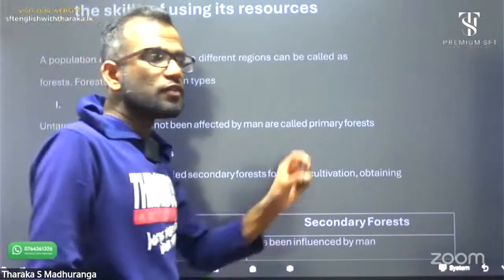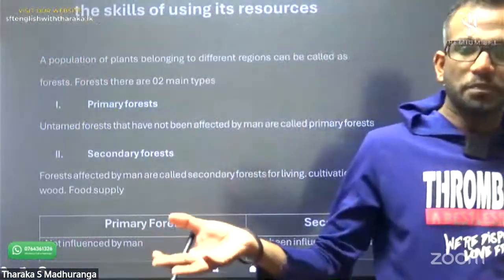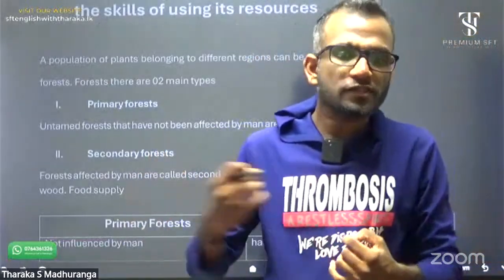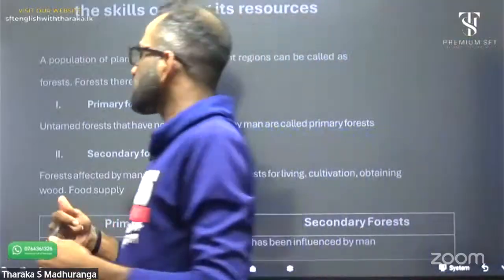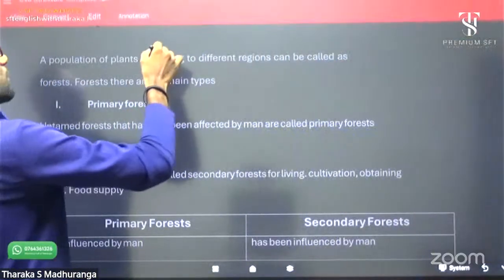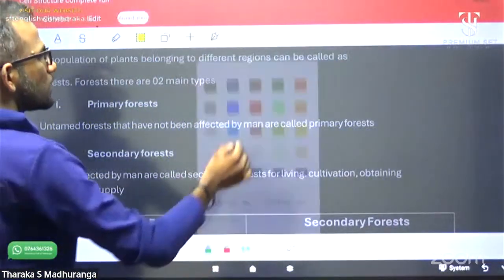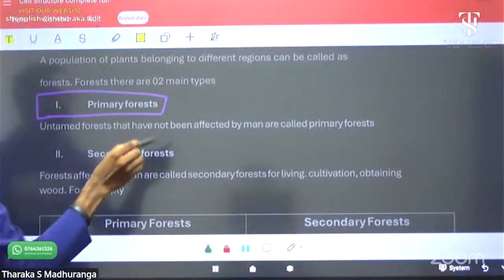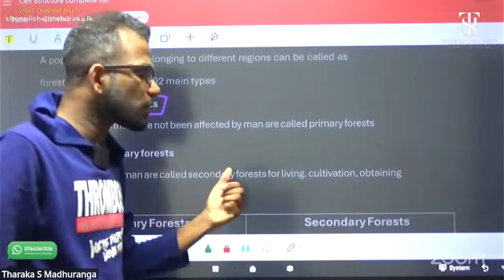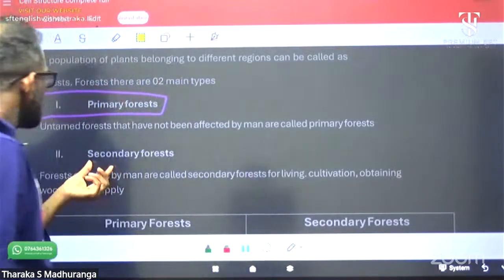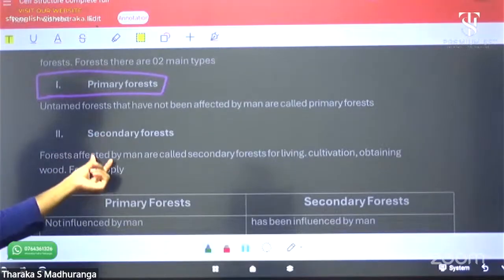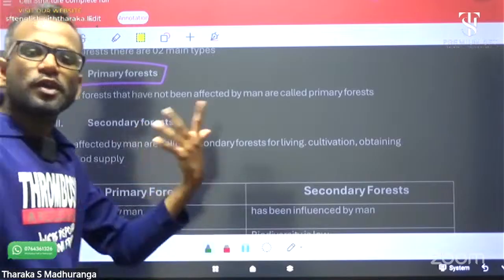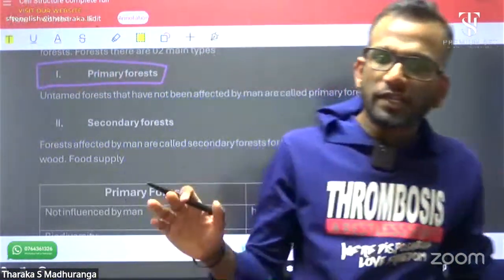This forest we can mainly categorize into two groups. The first one is primary forest and the second one secondary forest. Primary forest means, it's simple: no human intervention. It's a completely natural forest.